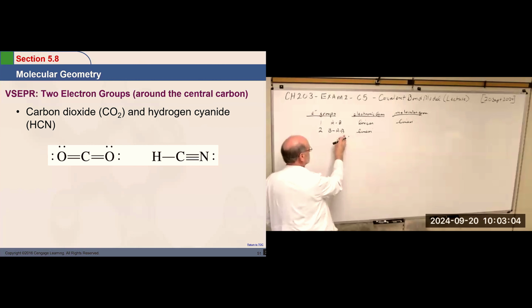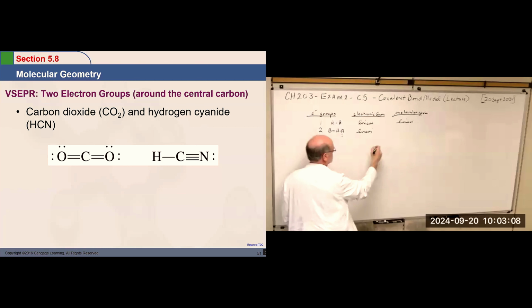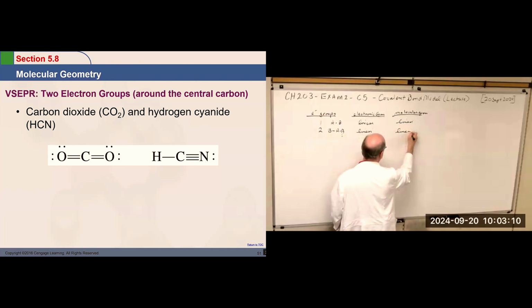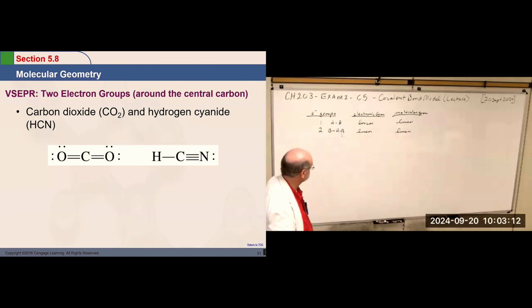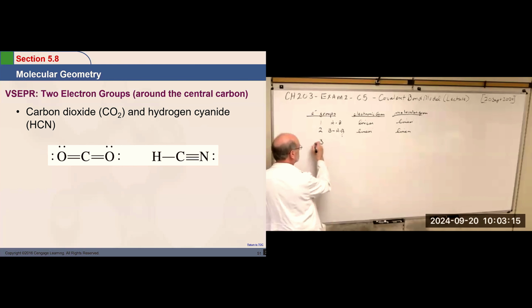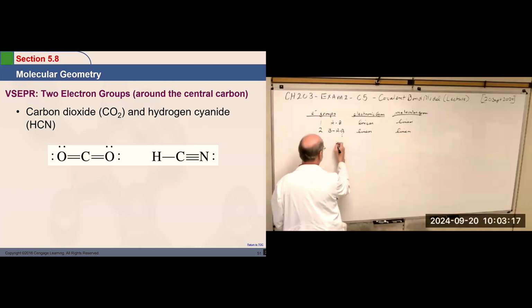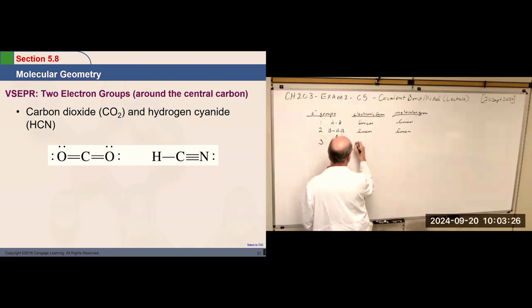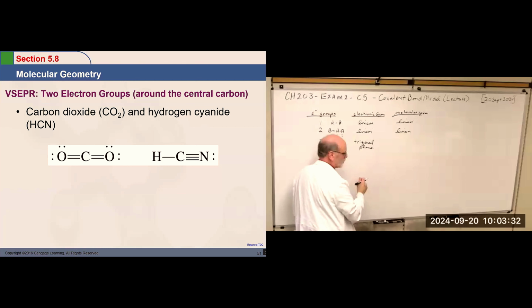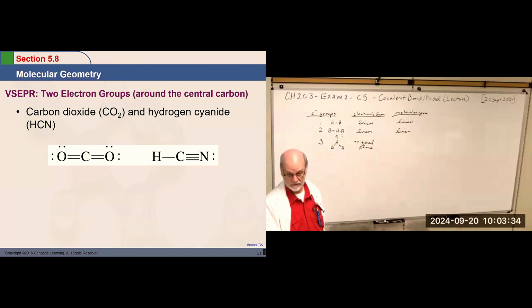Even if B is a lone pair, it would still be linear. Okay. If we have three groups, like A and then B, B, B, this would be trigonal planar. Another way of saying that is an equilateral triangle.